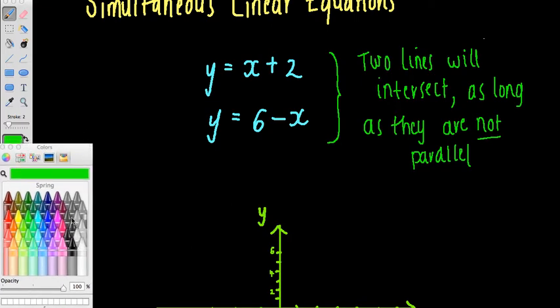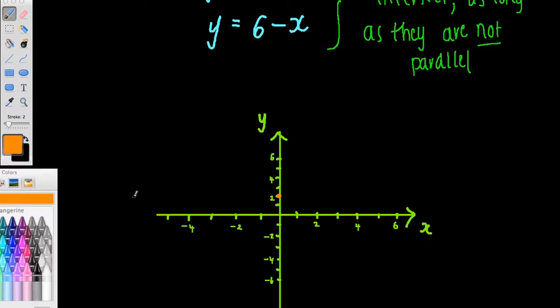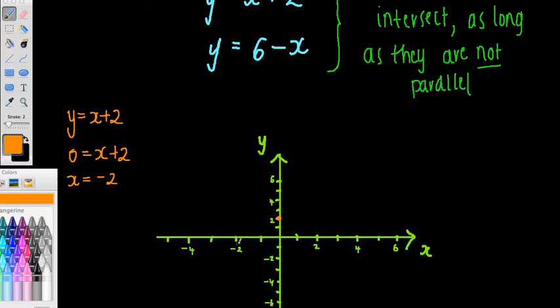Okay, so to start off with, I'll do my y equals x plus 2. Now, obviously, I can see that the y-intercept for that occurs down here at y equals 2. And of course, to get the x-intercept of this graph, I know the x-intercept occurs where y is equal to 0. So therefore, x would be equal to -2.